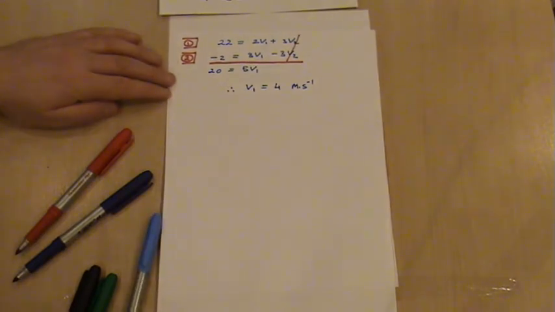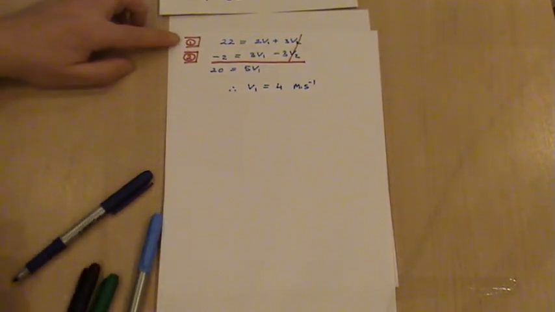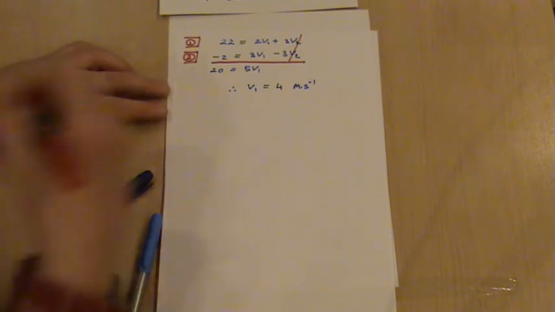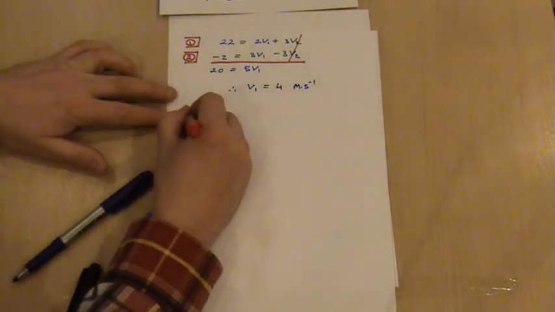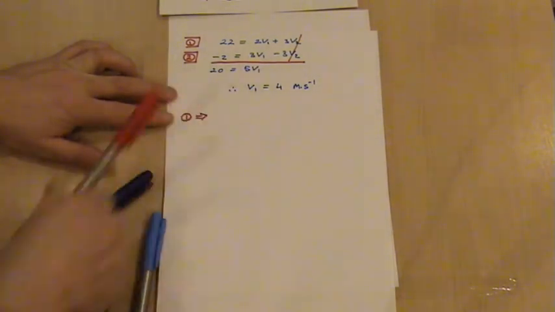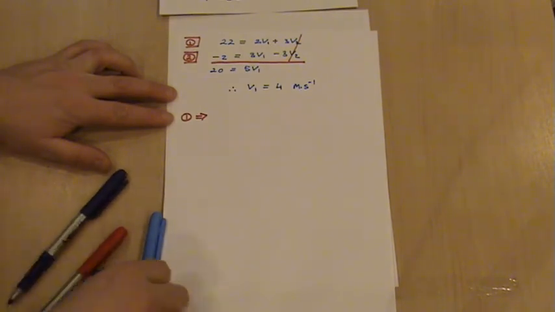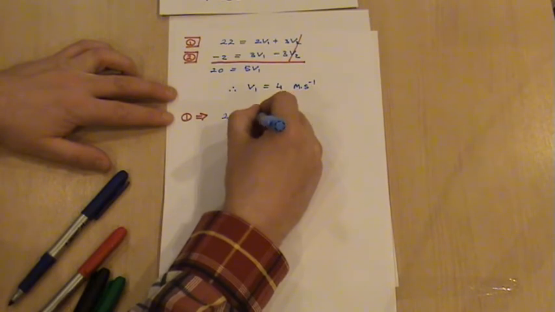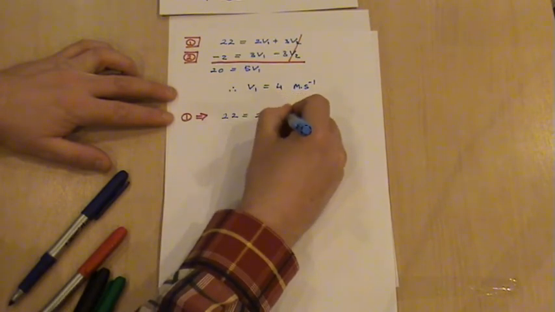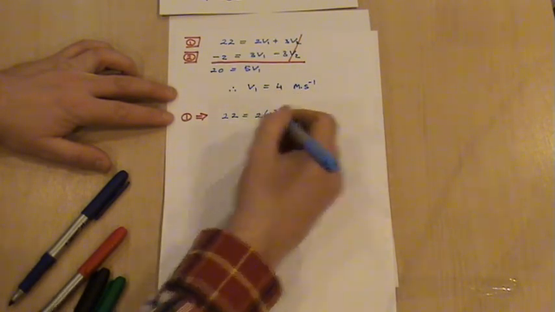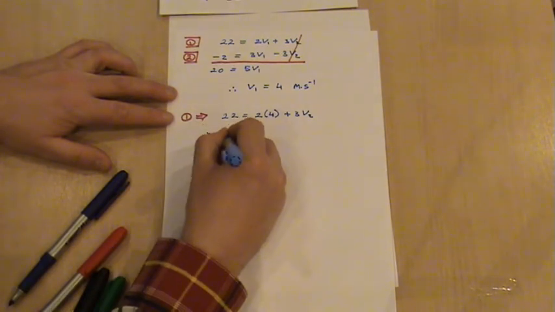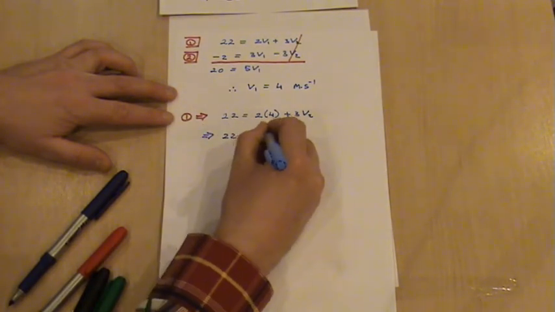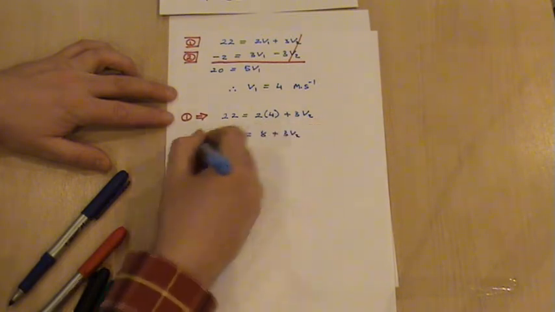Now, if we substitute that value into either equation number 1 or equation number 2, if I substitute it into 1, this becomes 22 equals 2 times 4 plus 3 times v2, which implies 22 equals 8 plus 3v2.